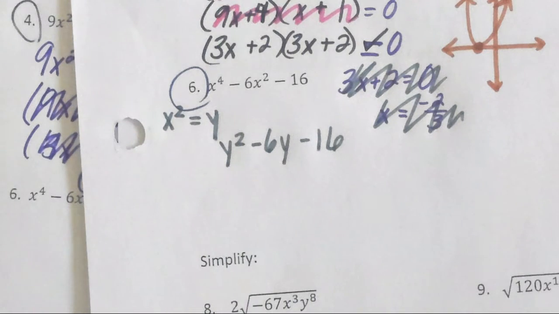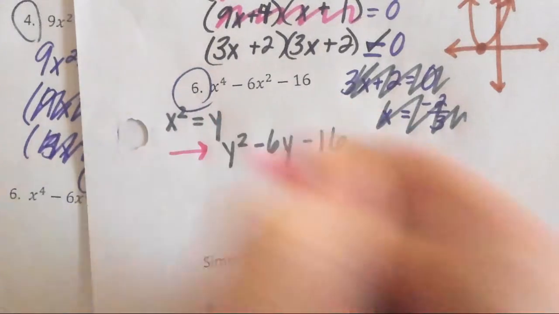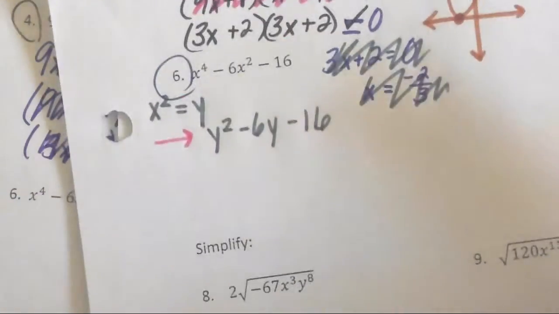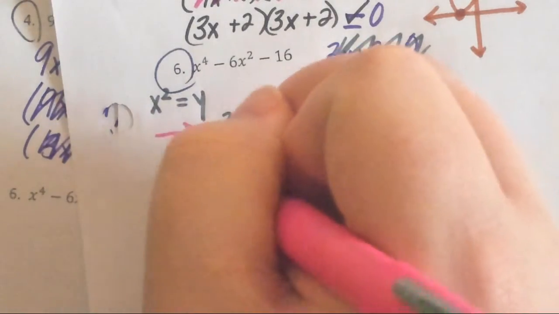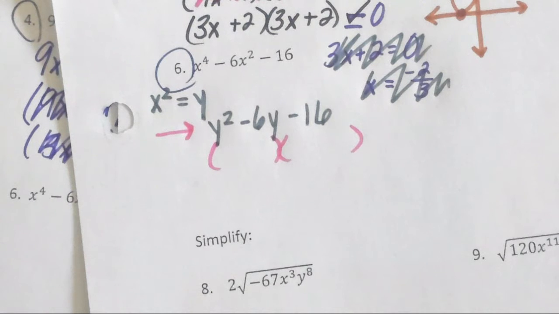So instead of having x to the 4th minus 6x squared minus 16, we'll have y squared minus 6y minus 16. Can we factor this? It should be an easy factor. Why do I think it should be an easy factor?